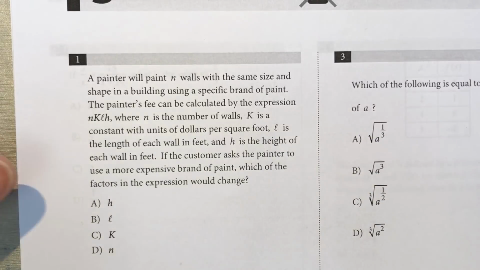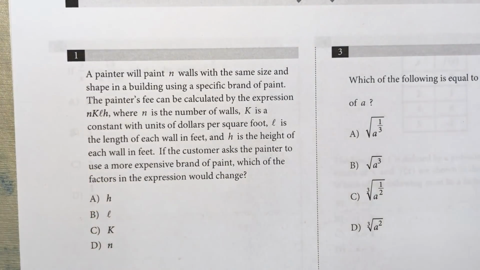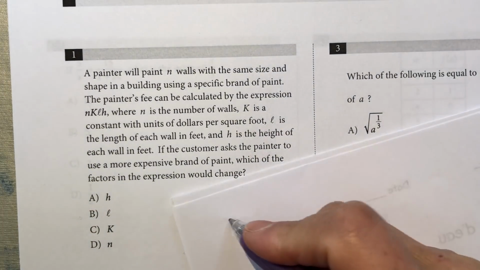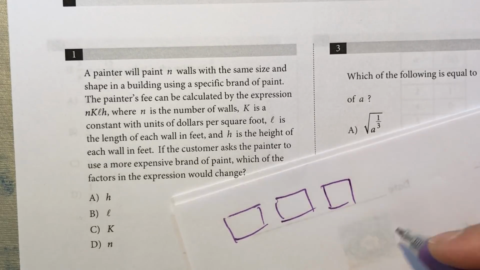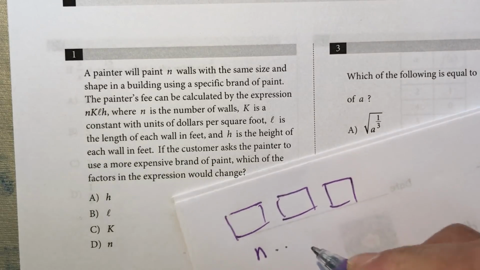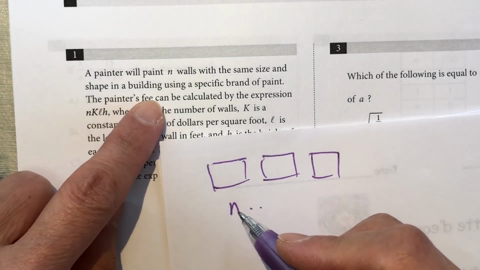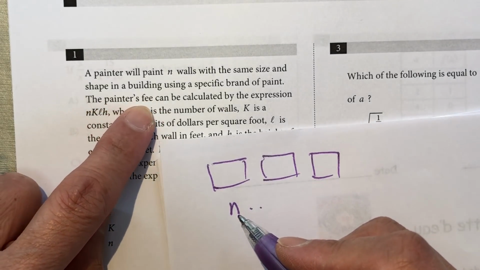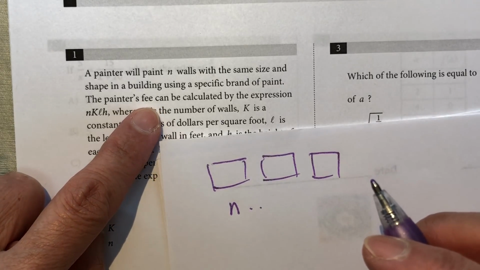I will write down some of this information. So n walls. These are the walls. They are all the same. The number of walls is n. And the painter's fee uses a different kind of brand.